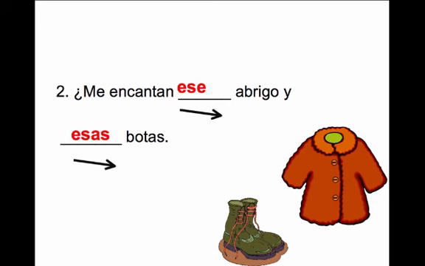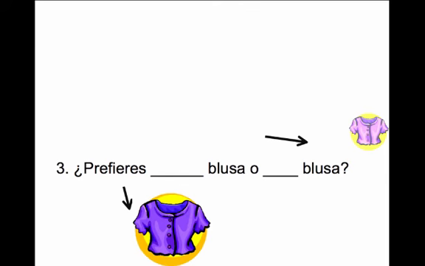And you might notice that when they're far away that you just simply take the T out of the words. So sometimes I like to think of it for este is something that you can touch with a T, tocar. Far away you can't. So here's another comparison. Number 3, ¿prefieres esta blusa that you could touch with a T o esa blusa?